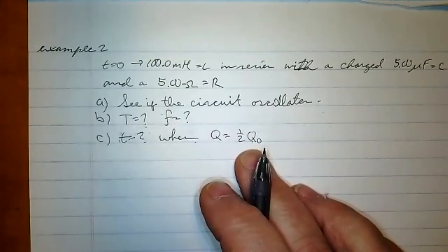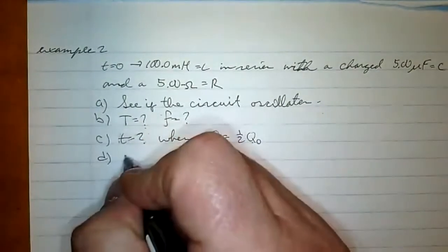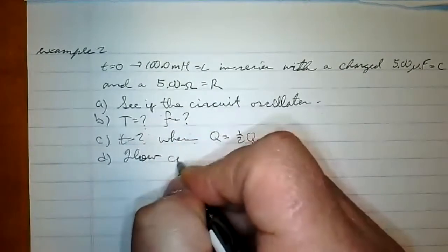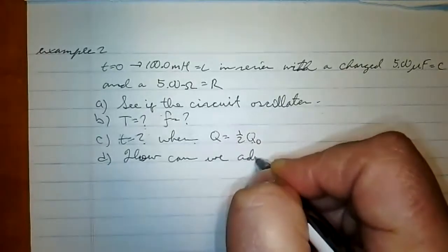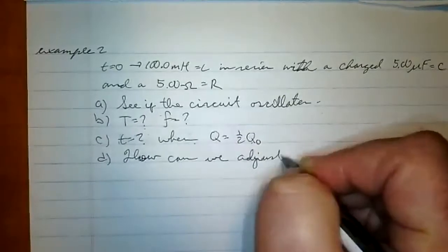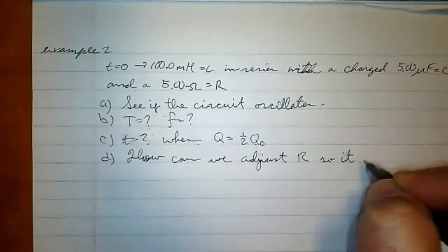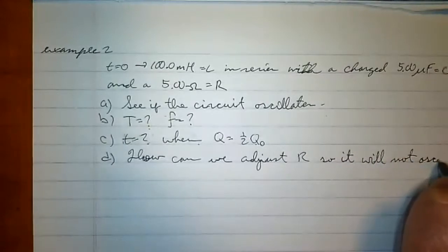And in part D, I want to know how we can adjust R so it will not oscillate.